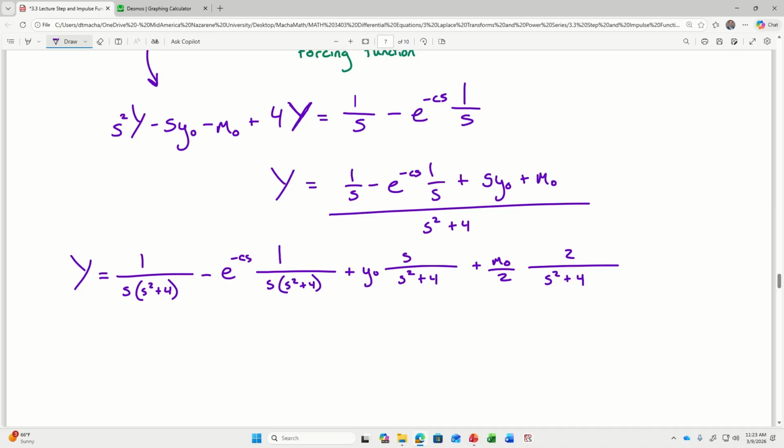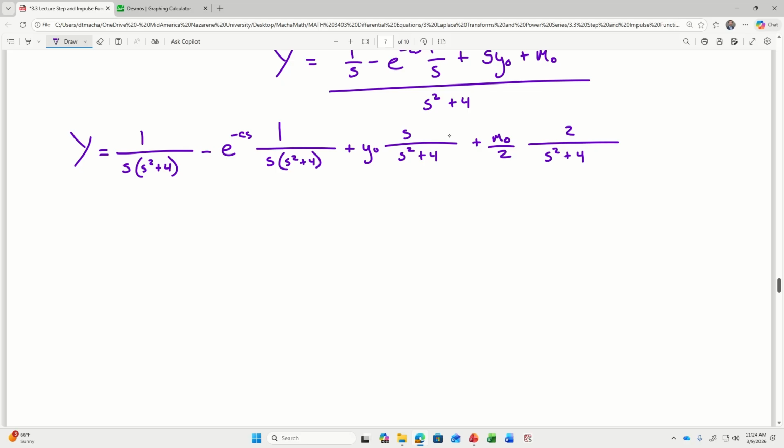I can't remember if it's sine of 2t or cosine of 2t, but it's on your handout. And then notice I did m0 divided by 2 times 2 divided by s squared plus 4, because 2 divided by s squared plus 2 squared is one of your Laplace transforms. I don't remember if it's cosine of 2t or sine of 2t, but you don't have to remember. You'll have the table on your test.